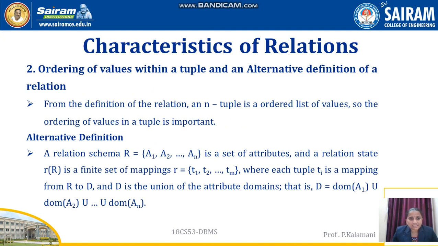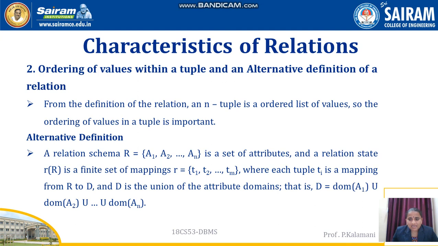The second characteristic is ordering of values within a tuple. Suppose we have 10 attributes, that means 10 attribute values will be there for each tuple. From the definition of a relation, an n-tuple is an ordered list of values. For example, in the student table we may have the attributes USN, name, date of birth.